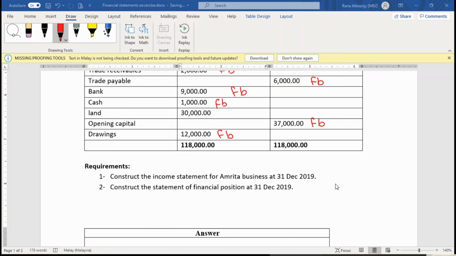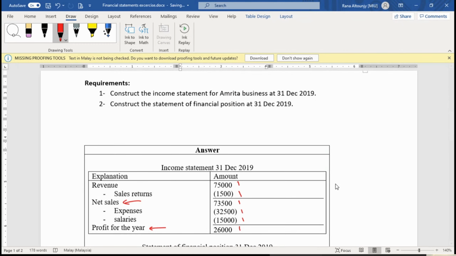If you remember, we learned last class that the financial position statement for the sole trader is set out vertically. First, we put the assets categorized into current assets and non-current assets. Second, we put the capital and the liabilities. So let's start with this arrangement.